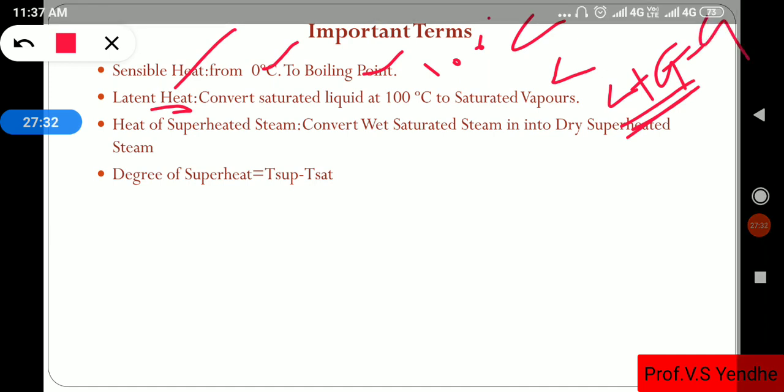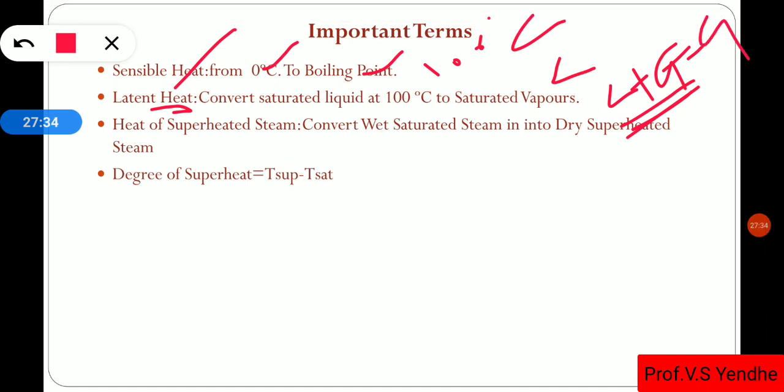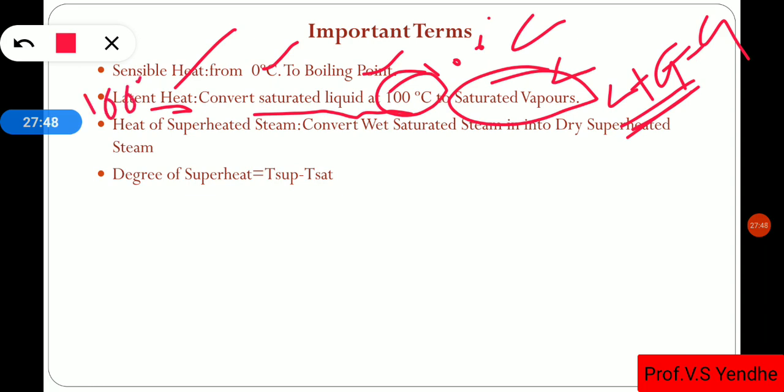That means the saturated liquid at 100 degrees Celsius is converted into saturated vapors, but the temperature is not increasing. The temperature stays at 100 degree Celsius.